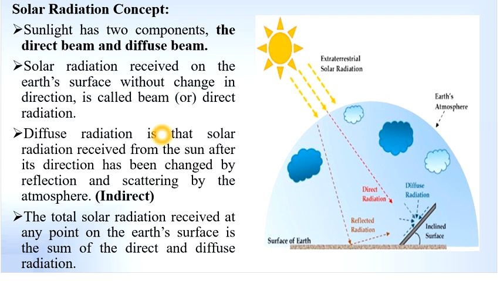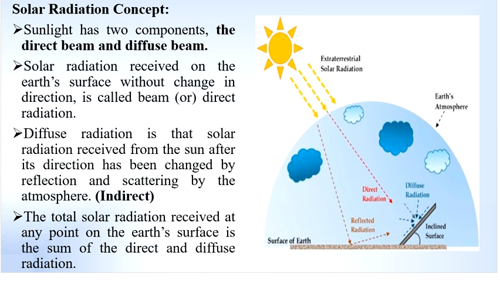Then what is diffuse radiation? The diffuse radiation is that solar radiation which is received from the sun after its direction has been changed by reflection as well as scattering by the atmosphere, right? So this is nothing but indirect, also known as diffuse.